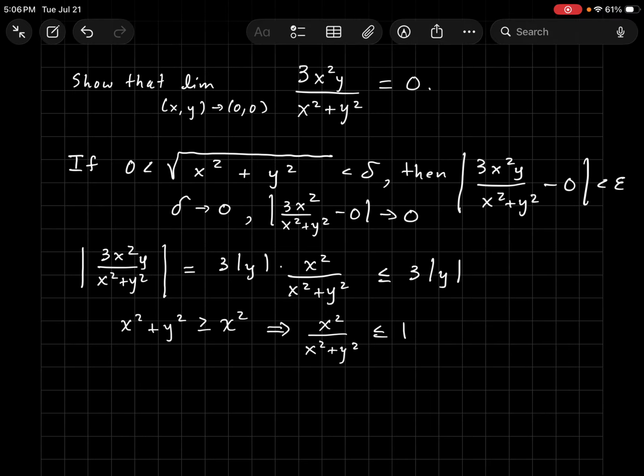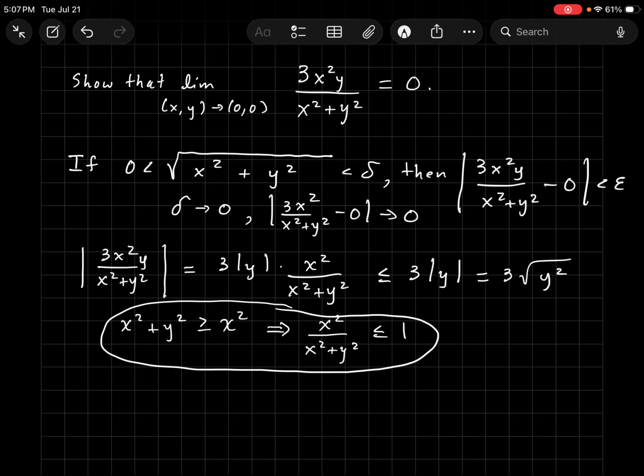Now, I could rewrite this part over here as 3 times the square root of y squared. The square root of y squared is technically the absolute value of y. Let me circle this. This is what I use to show this part. And then I do a little bit of algebra again.